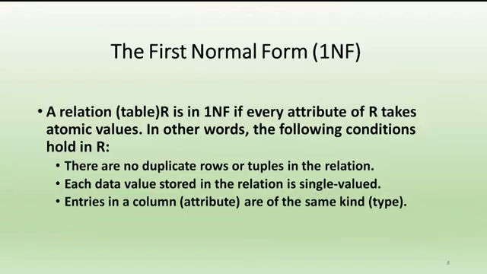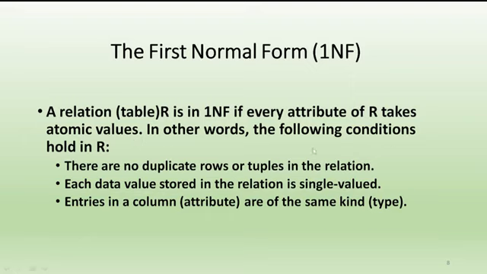So let us now define the normal forms. So far we have discussed the dependencies. Now let us define the normal form. The first normal form, which we represent as 1NF, is defined as follows: a relational table R is said to be in 1NF if every attribute of R takes atomic values.